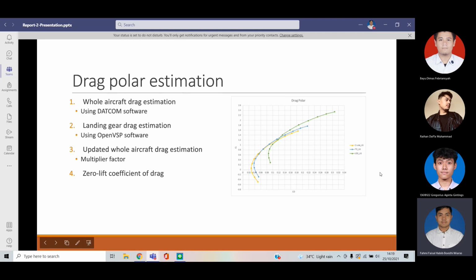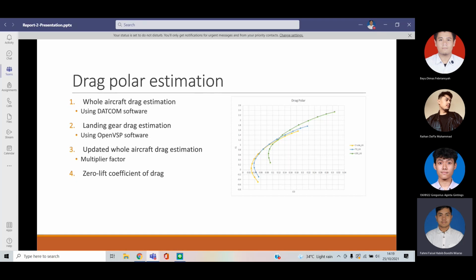And then these are the polar estimations. For the whole aircraft drag estimation, we use .com software, but the initial whole aircraft configuration in the software was still without the landing gear. So we estimated the landing gear drag using OpenVSP software, and then we used a multiplier factor to obtain the whole aircraft drag estimation, including the landing gear drag.